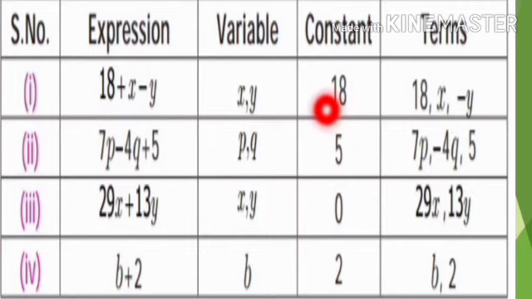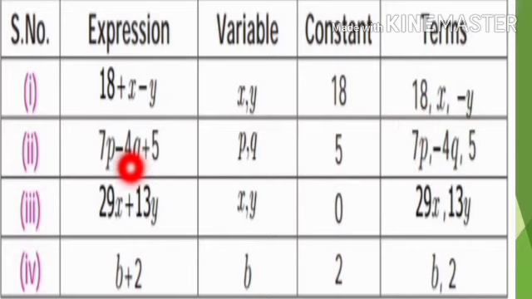Constants are the terms in the algebraic expression that contain only numbers. Here 18 is a number, so it is a constant. And terms: how many terms are there? 3 terms are there, that is 18, x and minus y.